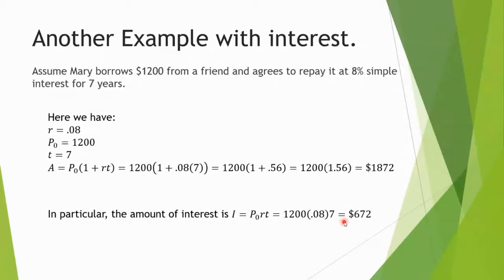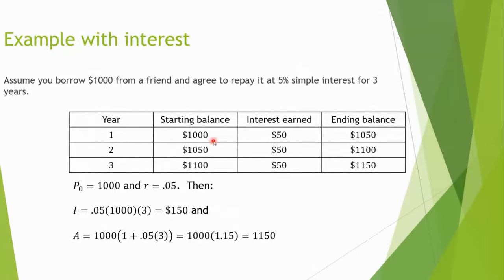But that's what's happening with simple interest. Now notice, let me go back to show you. Here we calculated the interest only in the beginning. That's simple interest, and the interest amount doesn't change. But I could calculate the interest each time.